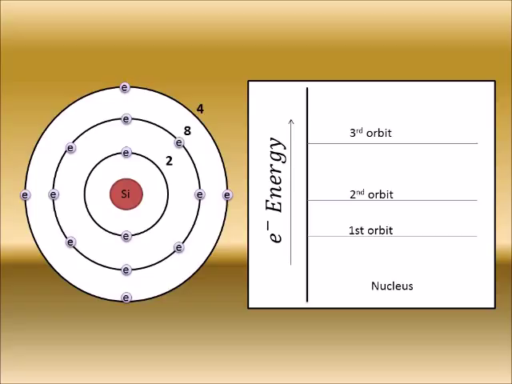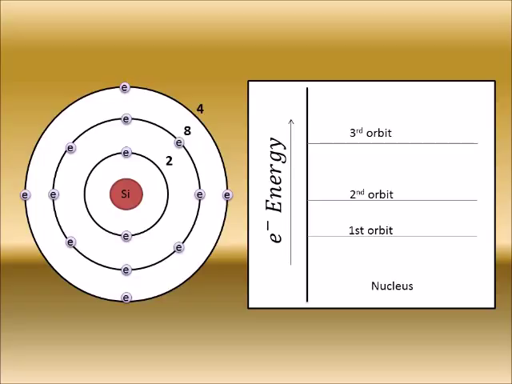The electrons present in different orbits will possess different energy levels. The energy levels increase as they go further away from the nucleus. The two electrons in the innermost orbit will possess this energy level, the second orbit electrons will have this energy level, and the outermost orbit electrons will have the maximum energy level.